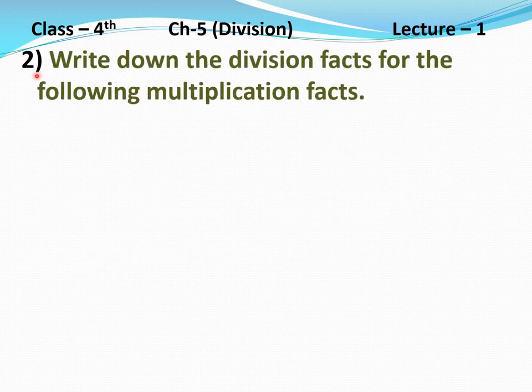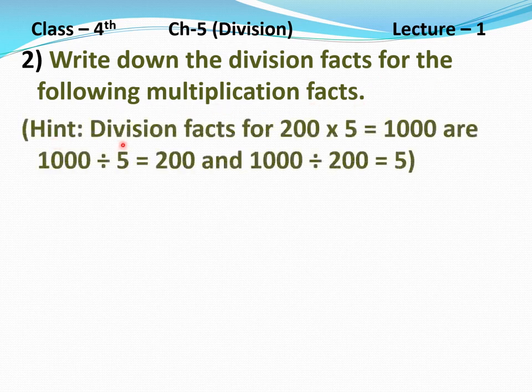Now, question number 2. Write down the division facts for the following multiplication facts. Hint, division facts for 200 multiply 5 equal to 1000 are 1000 divide 5 equal to 200 and 1000 divide 200 equal to 5. These are the division facts. Okay.